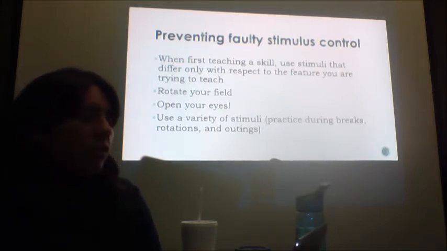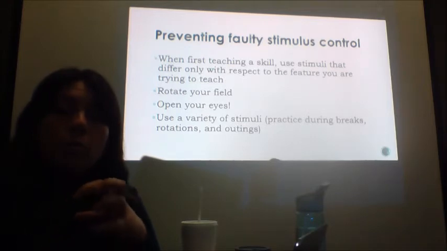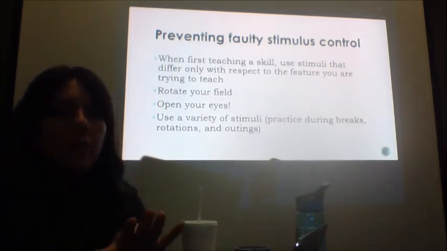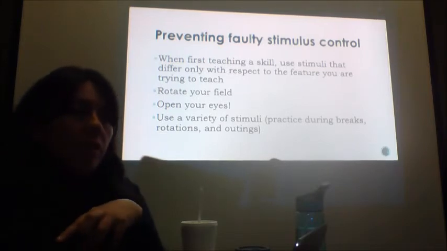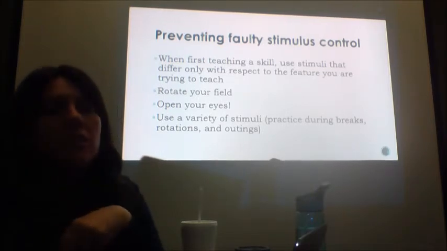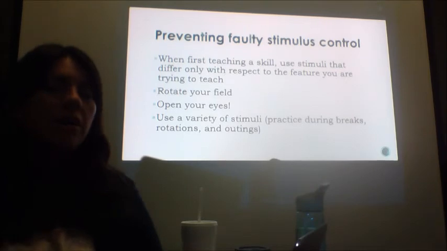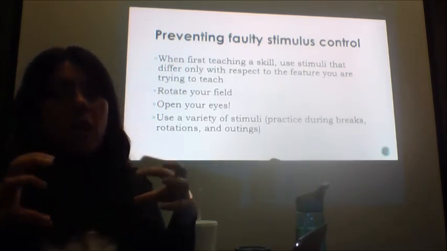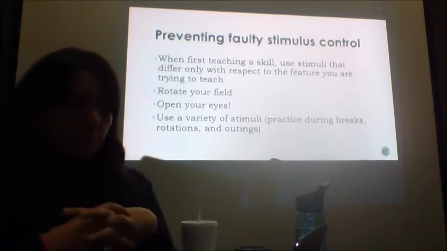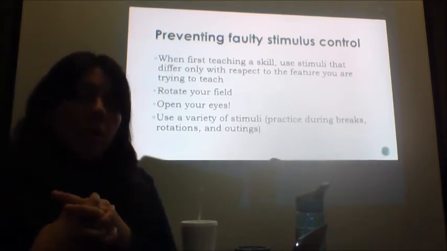And then in general, you want to use a variety of stimuli. So when you do your trials, your stimuli are already made for you. They're all in a cabinet. However, the important thing to do is to practice these skills in real life, like while you're on your breaks, while you're on your rotations, which are social skills or things that we do in groups, and when you go on community outings.